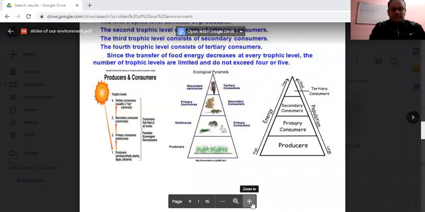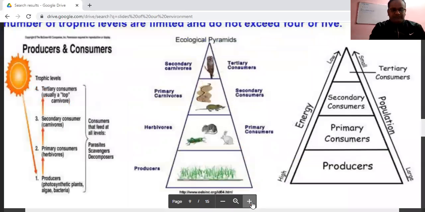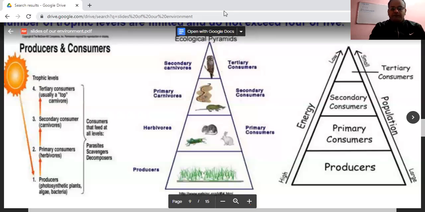Suppose in this pyramid, which I'm showing, suppose the producer, the grass, is able to synthesize, suppose in just 1 minute, 1 lakh joule of energy.